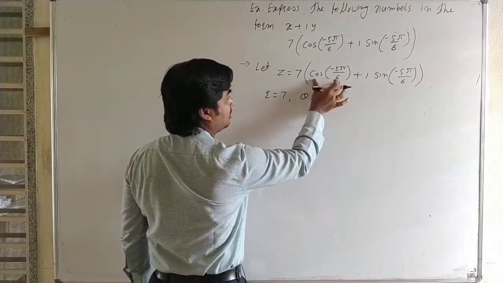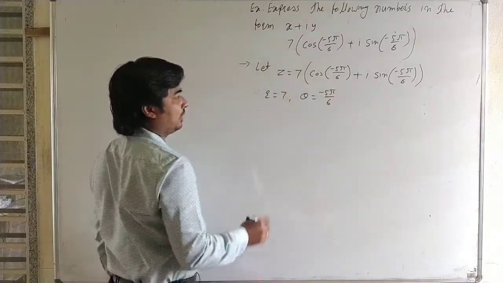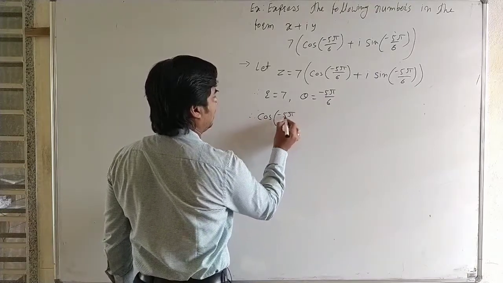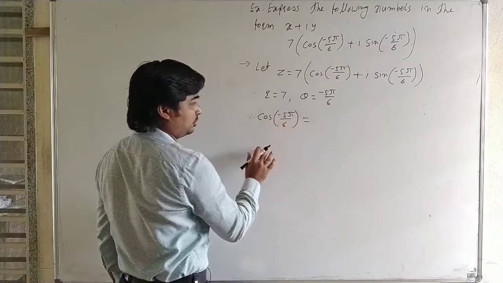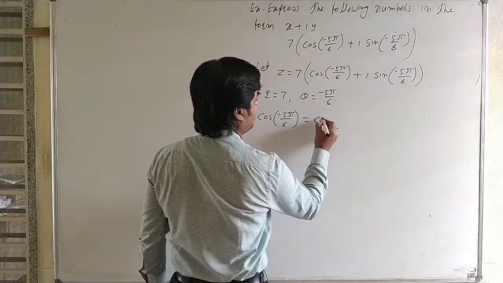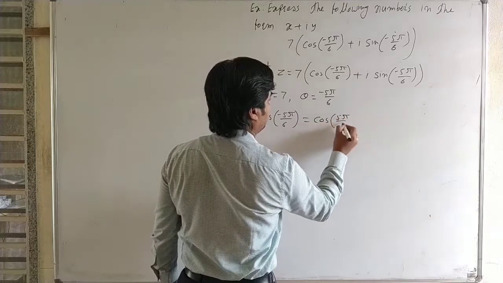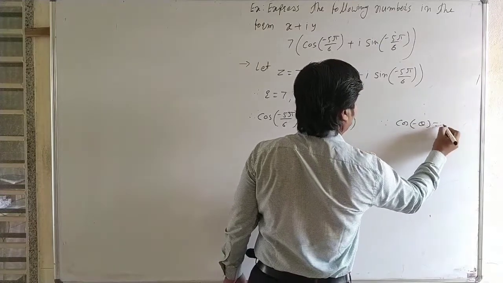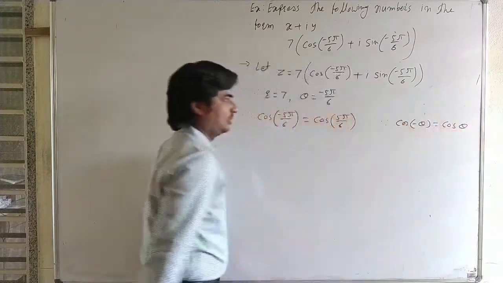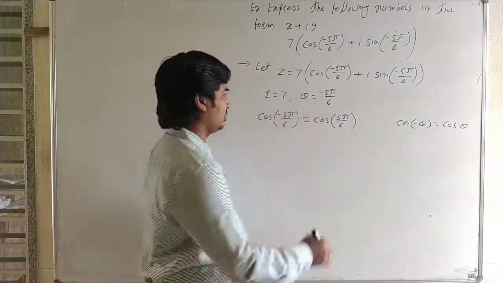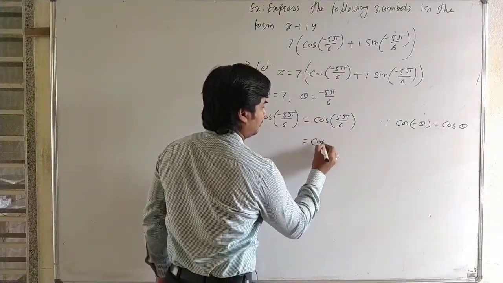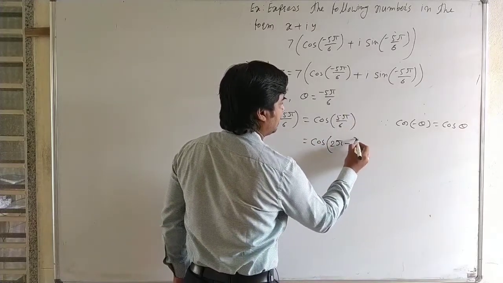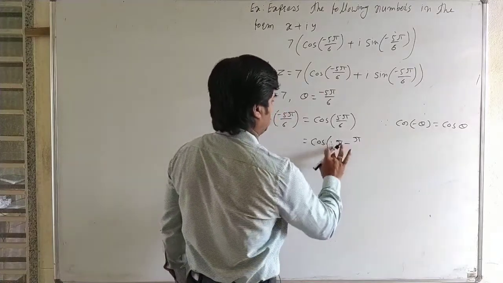First we find the value of cos minus 5 pi by 6 and sin minus 5 pi by 6. Therefore cos minus 5 pi by 6. Here first use the negative angle formula, cos minus theta is equal to cos theta, so it is cos 5 pi by 6. Now 5 pi by 6 is pi minus pi by 6.